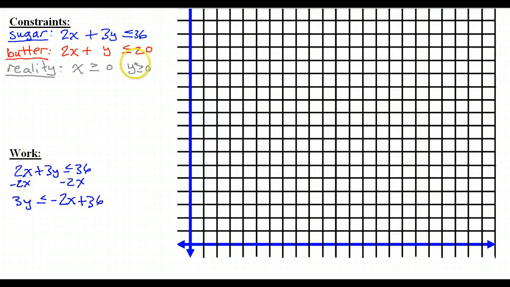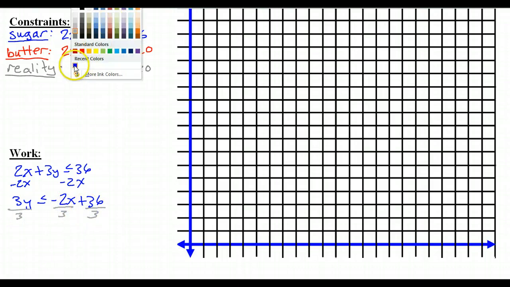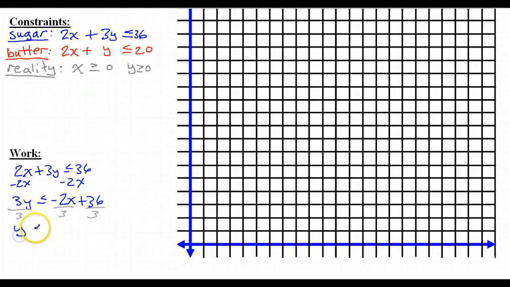I need to divide by 3 everywhere, so that gives me y is less than or equal to negative 2/3 x plus 12. Okay, so this is one constraint, and I'm going to go ahead and graph it.